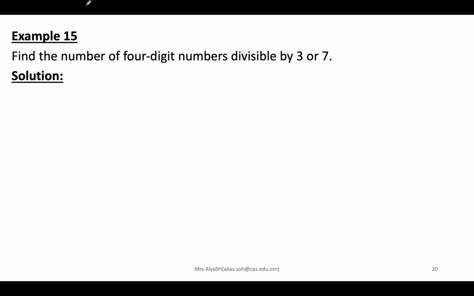We need to find the number of 4-digit numbers divisible by 3 or 7. So again, how many digits do we have here? 4: 1, 2, 3, 4. So 10 numbers, from 0 until 9.